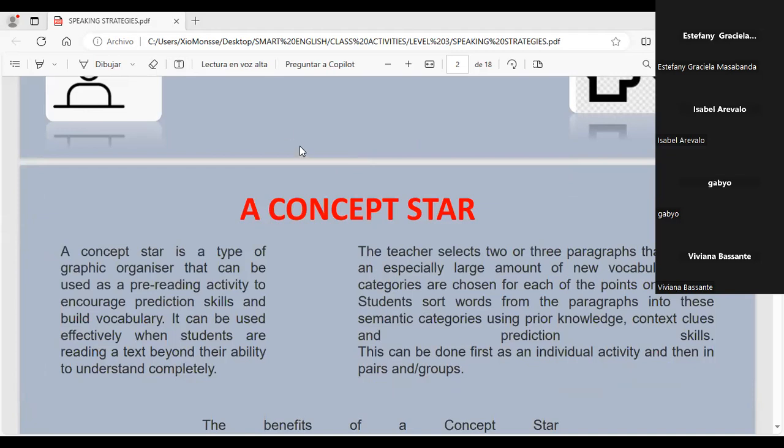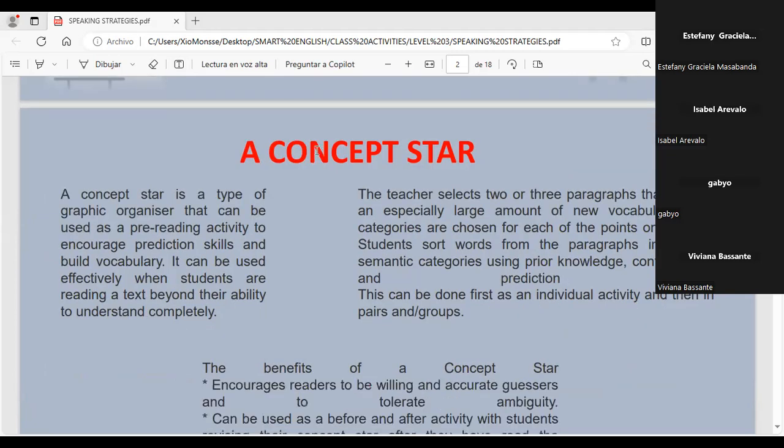A concept star. A concept star is a type of graphic organizer that can be used as a pre-reading activity to encourage prediction skills and build vocabulary. It can be used effectively when students are reading a text beyond their ability to understand completely.